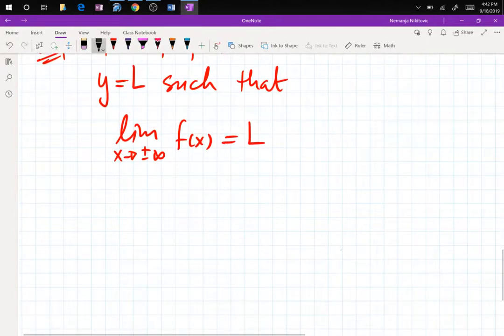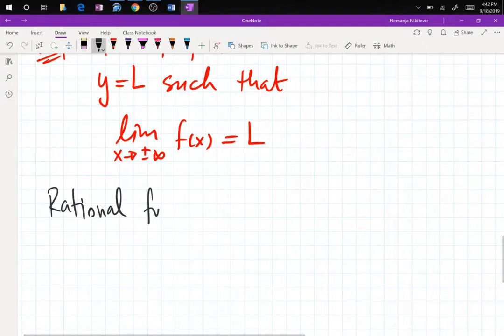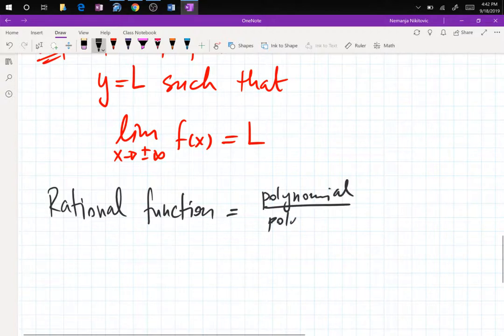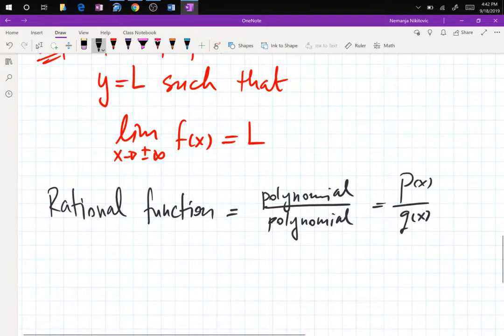So a rational function is a polynomial divided by a polynomial, call it p of x divided by q of x. And now you had the rules: if the power in the numerator is larger, if the power in the denominator is larger, and if they are the same, right? Those were the three rules.